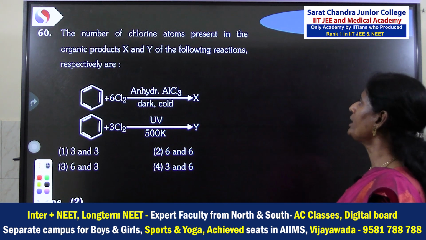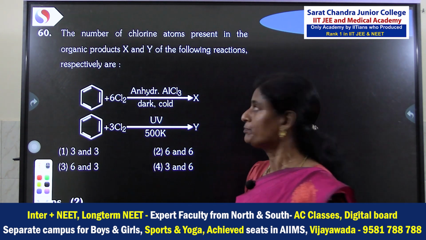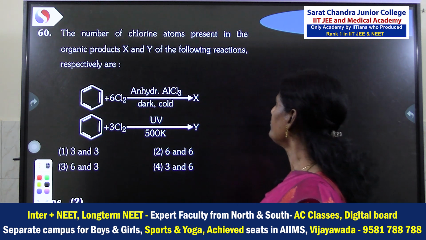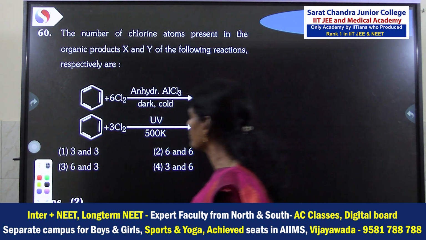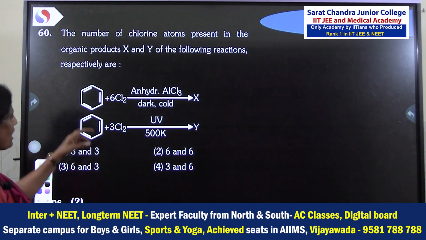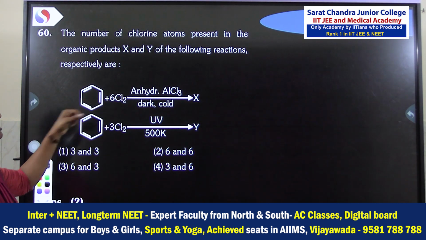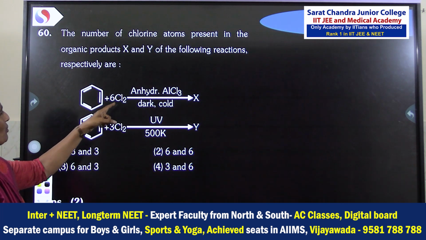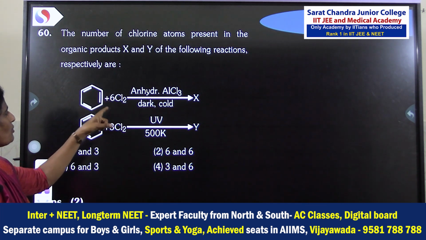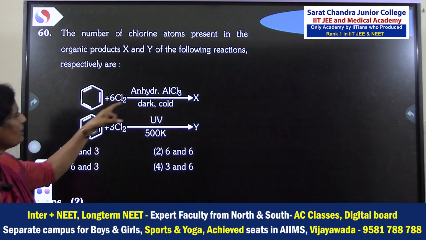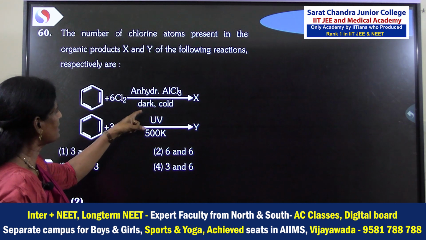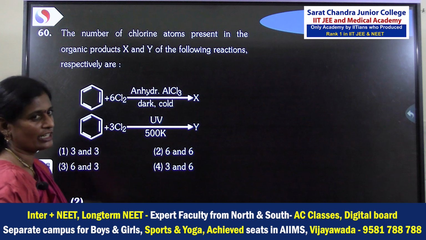The number of chlorine atoms present in the organic products X and Y of the following reactions respectively are. So this is the reaction of benzene with chlorine. In the first reaction, chlorine reacts with benzene. 6 moles of chlorine are given in the presence of anhydrous AlCl3 in dark and cold condition.